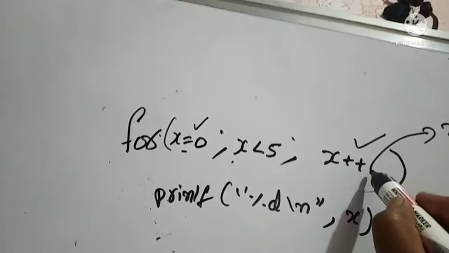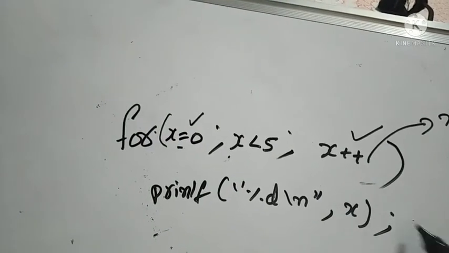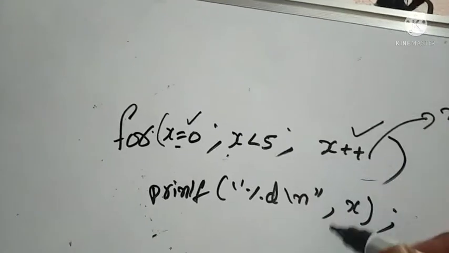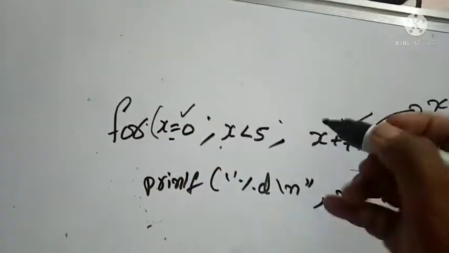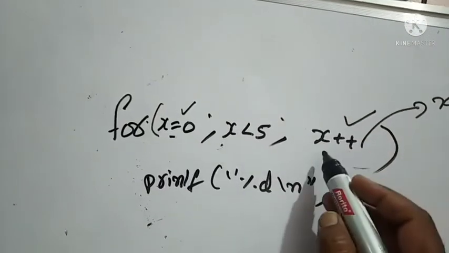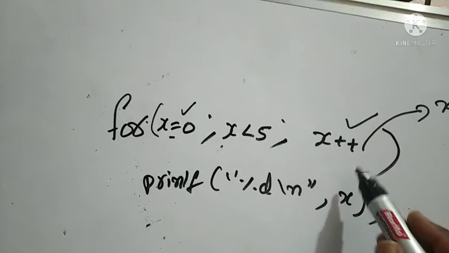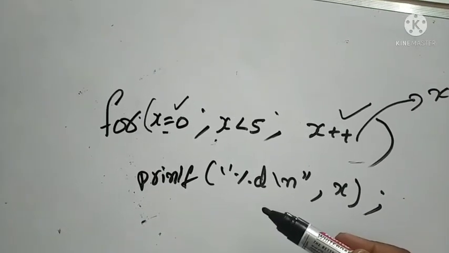I can use it like this, or we can use x++. Means x++ first considers the value of x, and after the end of the for loop body, this x will be incremented. Initially it will not increment.